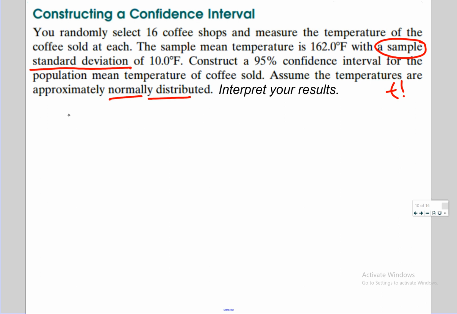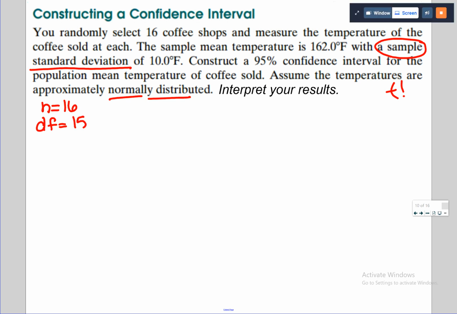All right, so things that I know that I'm given. 16 coffee shops, so that's my n. And if you know n, you very quickly can get your degrees of freedom. What's your degrees of freedom then? Just one less than that, 15. I'm given a sample mean, that's an x bar of 162.